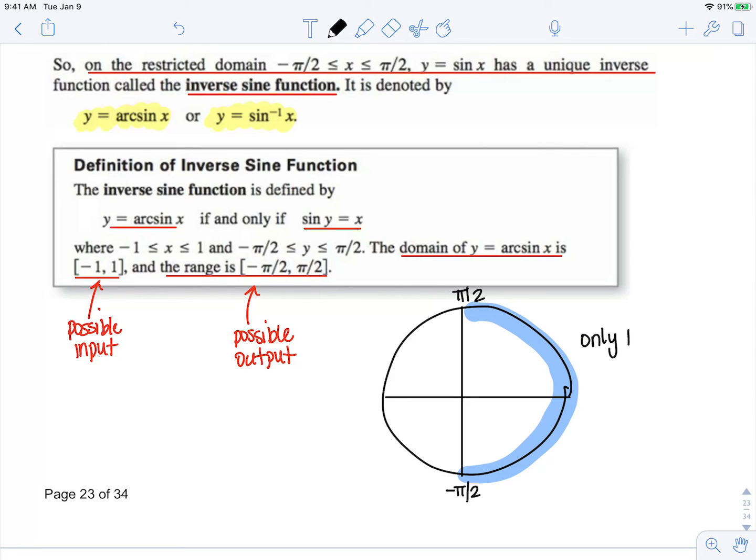So only look at the right side of the unit circle for sine inverse x. So we'll use this property of arcsine or inverse sine to evaluate some functions.